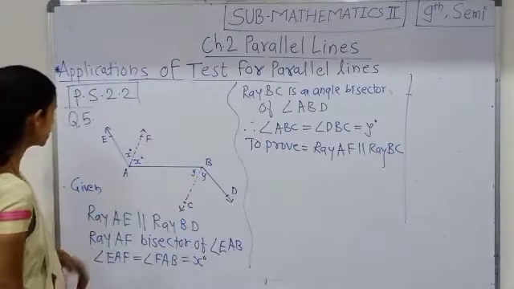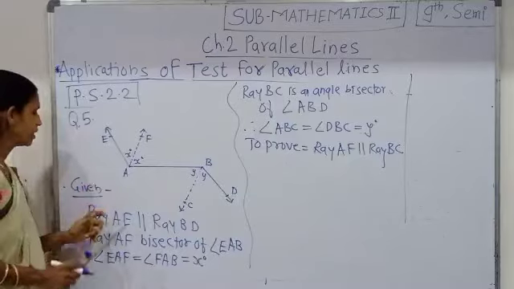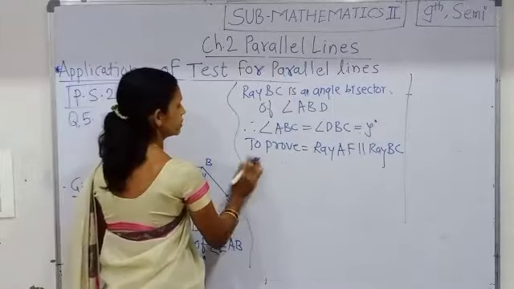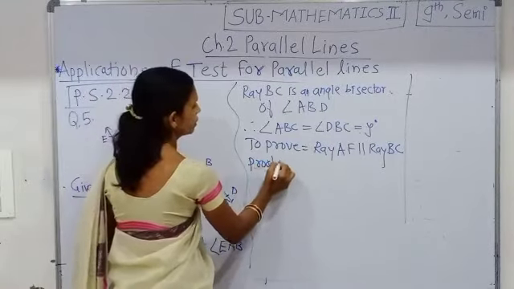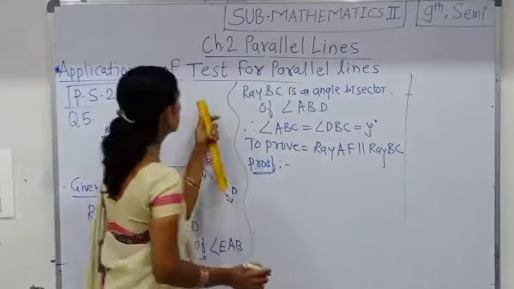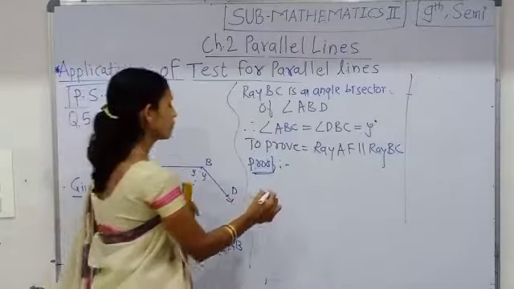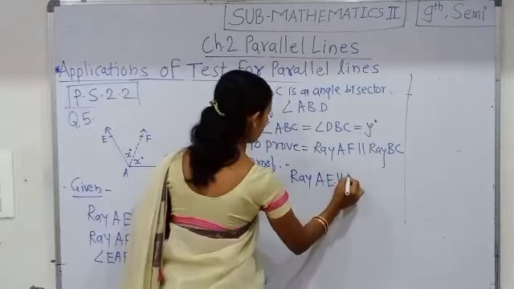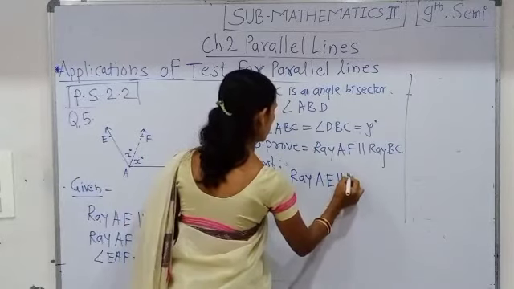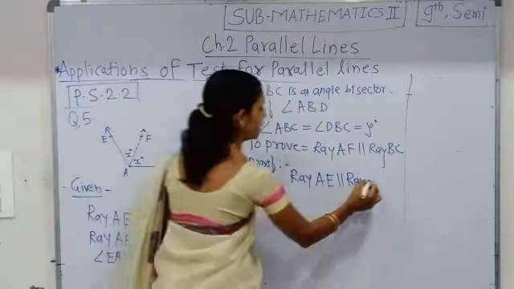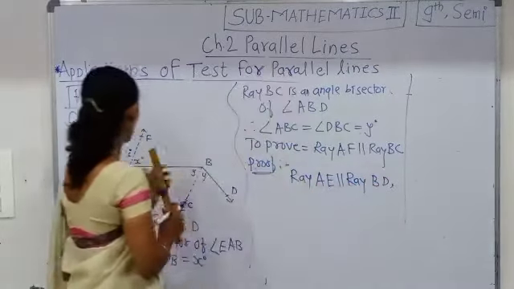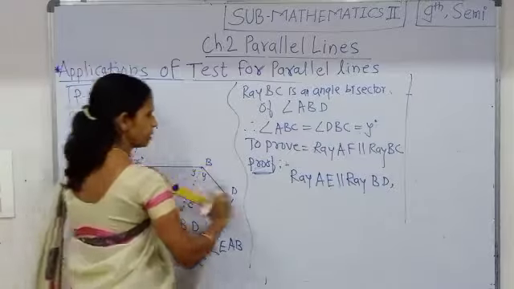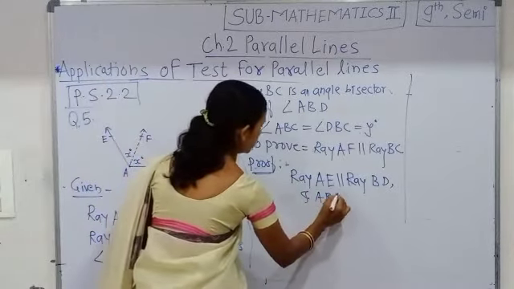Then see here the given, that is, ray AE is parallel to ray BD. Then see here the proof is given by the direct method using the test for parallel lines. Then ray AE is parallel to ray BD, and AB is a transversal.